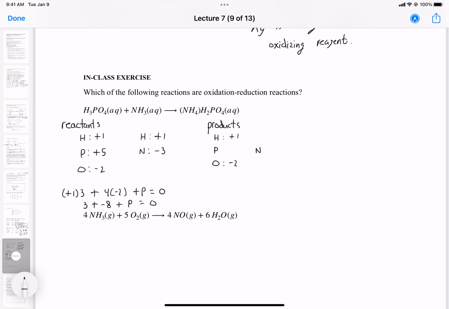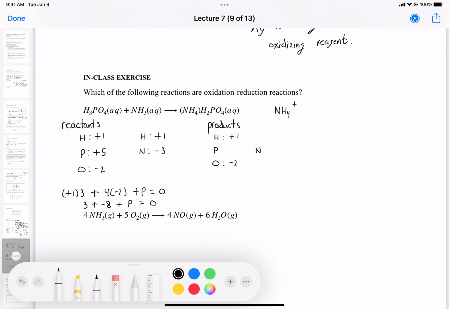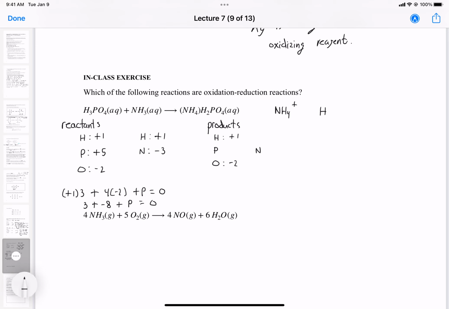another way we could write this is NH4+ and then H2PO4-. That might be a little easier to realize, because if we don't know the oxidation state of nitrogen or phosphorus, it's going to make determining the other one a little difficult.